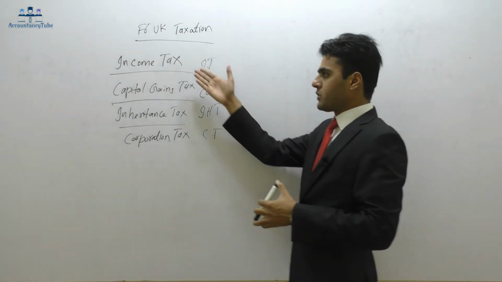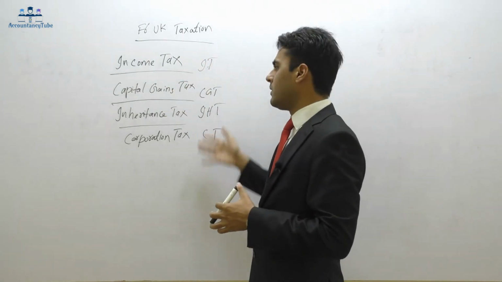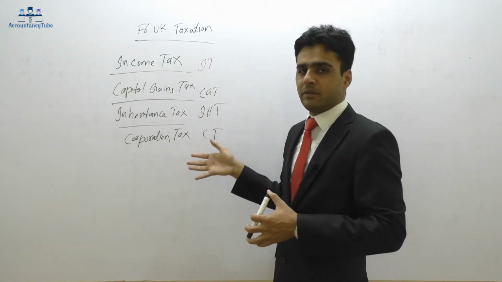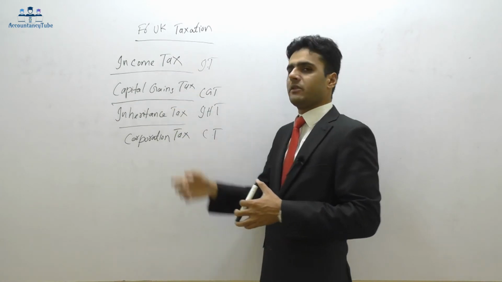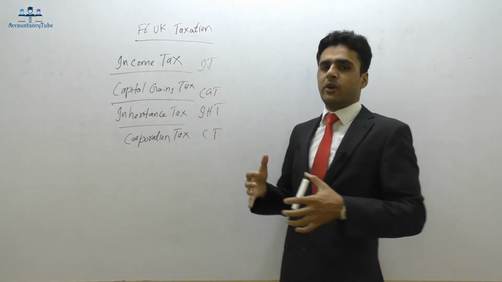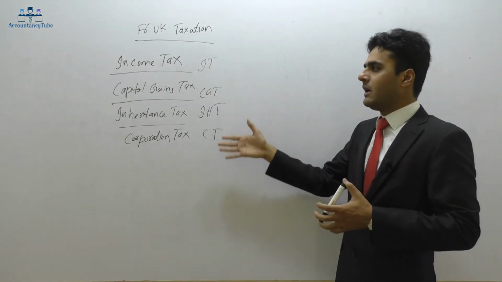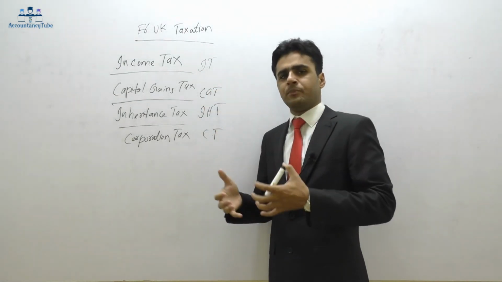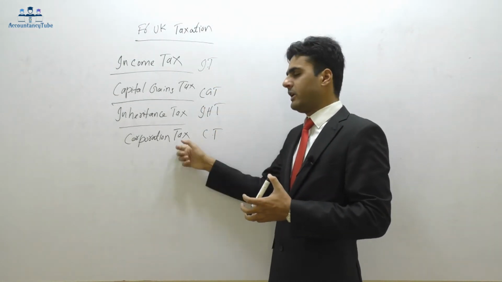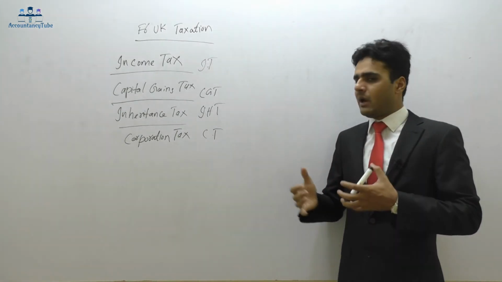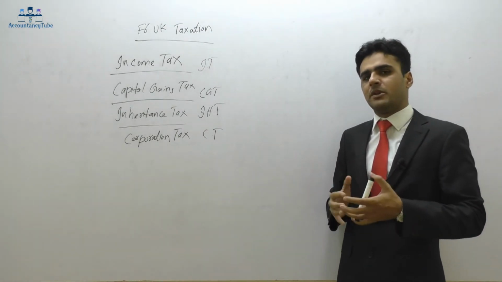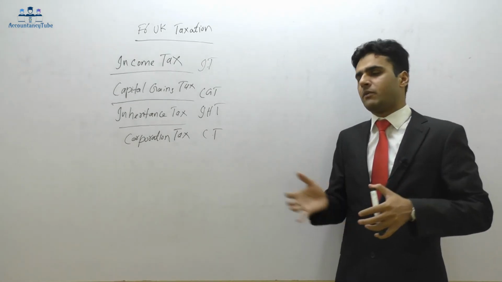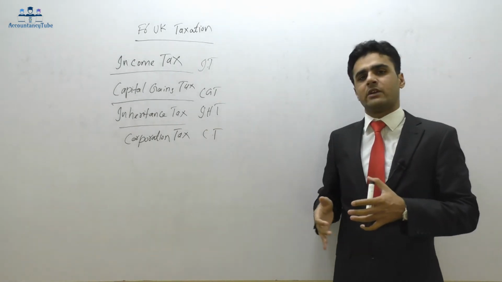So a lot of our F6 lectures we will spend on income tax. If we have spent more time on income tax, then we will be comfortable doing the other sections, because most of the stuff will be the same, especially in corporation tax. So capital allowances will be the same, trading profit will be the same, and there are lots of stuff which is the same in income tax and corporation tax.